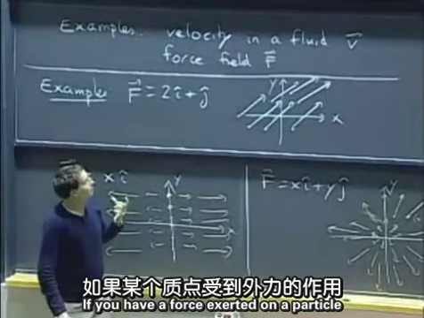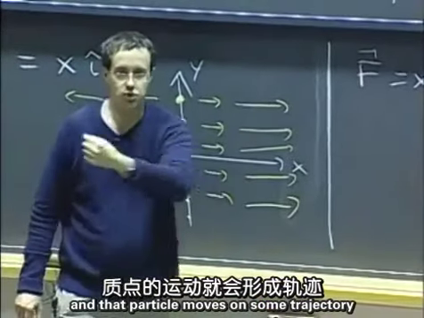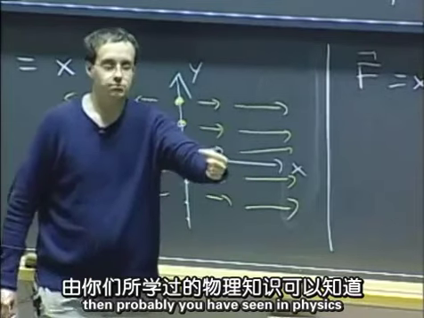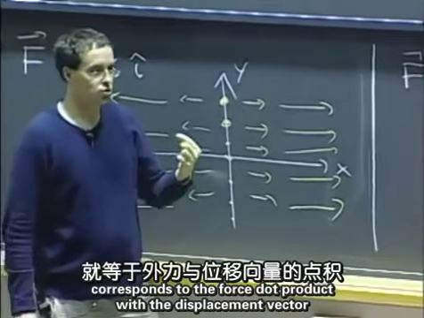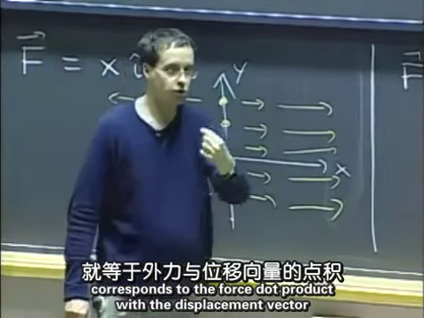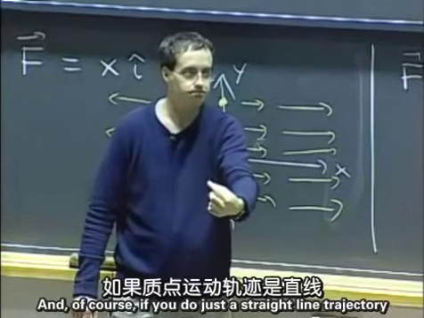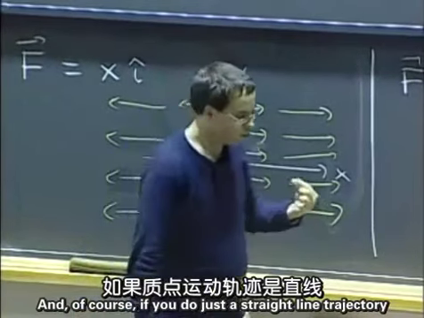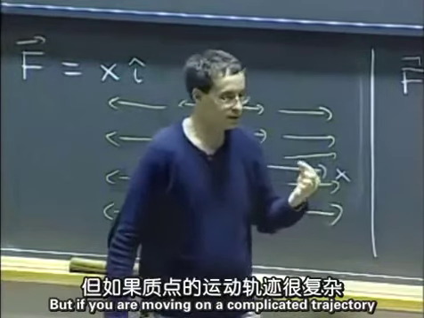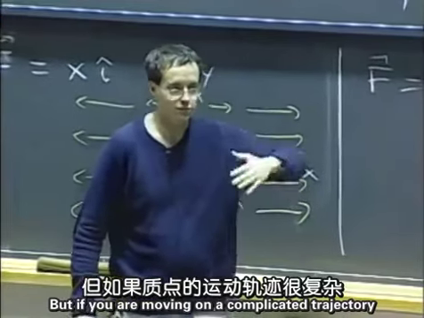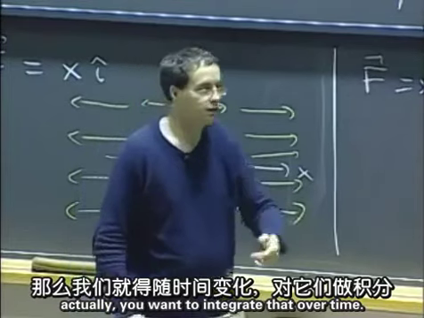If you have a force exerted on a particle, and that particle moves on some trajectory, then probably you've seen in physics that the work done by the force corresponds to the force dot product with the displacement vector, how much you have moved your particle. Of course, if you do just a straight line trajectory, or if the force is constant, that works well. But if you're moving on a complicated trajectory and the force keeps changing, then you want to integrate that over time.